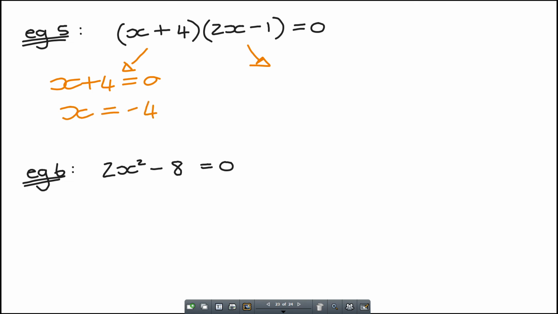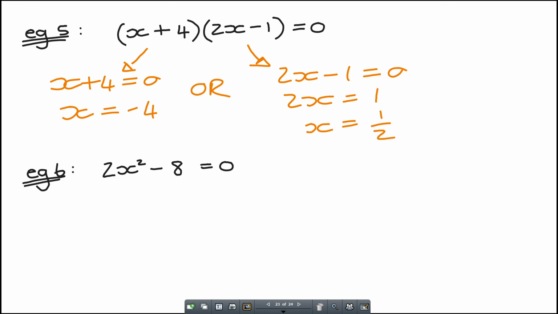You have to have or. Then let's take the second bracket, make it equal to 0. So 2x will then be equal to positive 1. Now I've got to divide that by that 2. So x will be a half. Who got that?